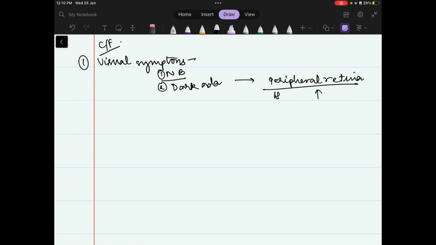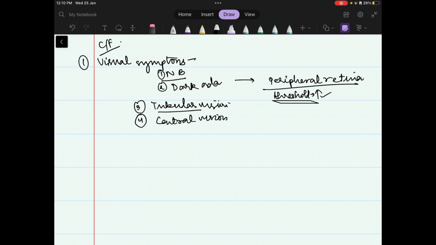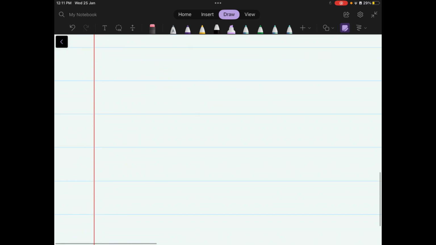So if the threshold is increased, there will be difficulty in peripheral vision, right? Coming to tubular vision, as I told you, the periphery is more commonly involved, so tubular vision will be seen. After many years, central vision may also be lost, and in some people they may have photopsia, that is, flashes of light are seen. So these are the visual changes.